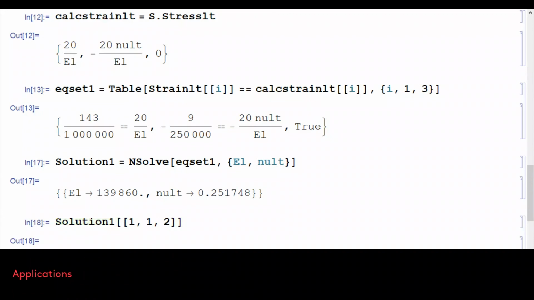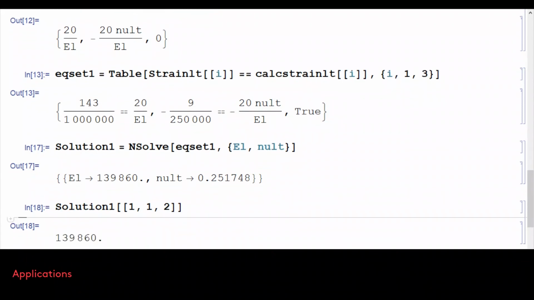You see? So 112 is the value and 111 is the variable itself. So this is the longitudinal modulus.